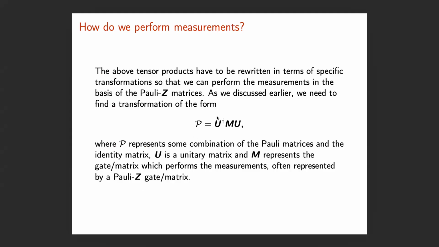If you think back to what we did for the 1 qubit case, if this is a Pauli X, then we can have a Hadamard and a Hadamard. And that brings us back to a Pauli Z matrix, where we can then perform the measurements.